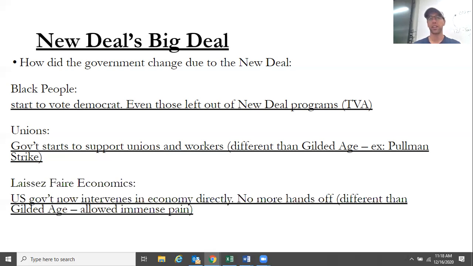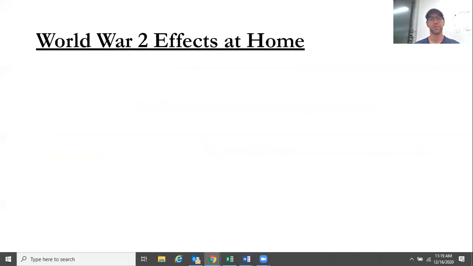Well, now you have laissez-faire economics gone, and now there's government intervention, which is where the government's going to intervene directly with the economy. So you would go try to help that animal in the woods. And this is probably the biggest change in the government. Now, all of a sudden, they're supposed to kind of be the protectors of the people and help the economy when it's going bad. Whereas pre this, during the Gilded Age, it's the complete opposite.